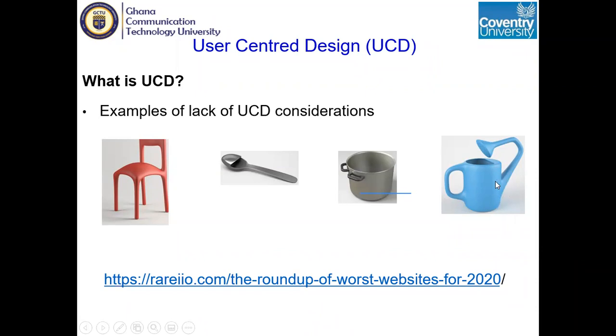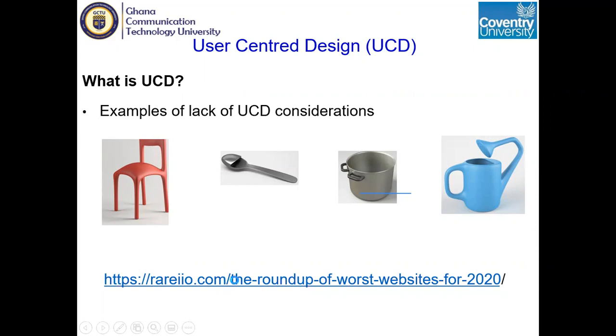And then this, of course, the watering can, that doesn't make sense. So you can design products that maybe you think are nice or funny or whatever, but they are of totally no use to anybody because nobody is going to buy these things. If you consider the user and what the user will be doing with it, you wouldn't design things like that.